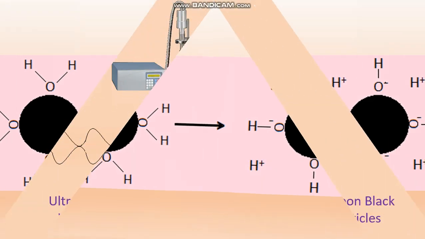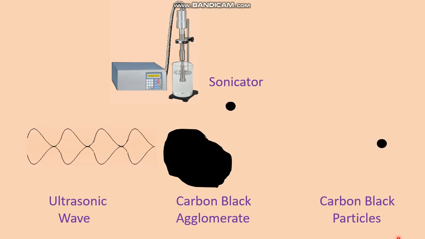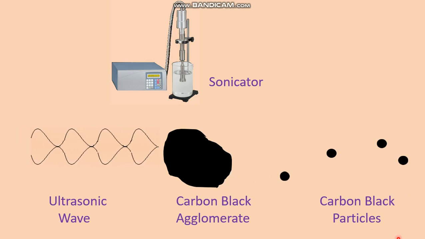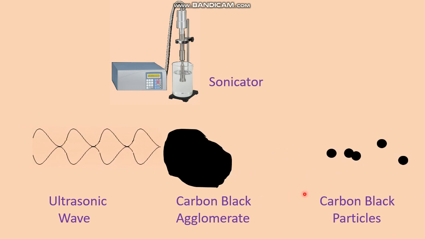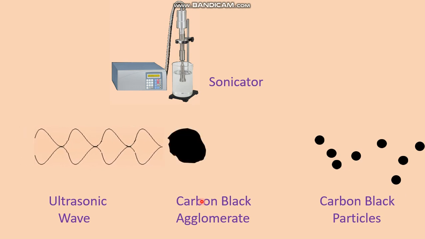Hence, acidity is developed. This process can be made more effective by sending ultrasound frequency to the carbon sol in order to break the agglomerates. The agglomerates are broken into the original sites, and this also enhances the surface area of the particles.